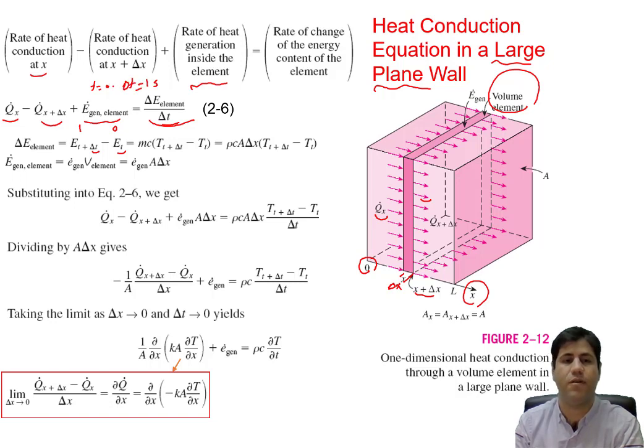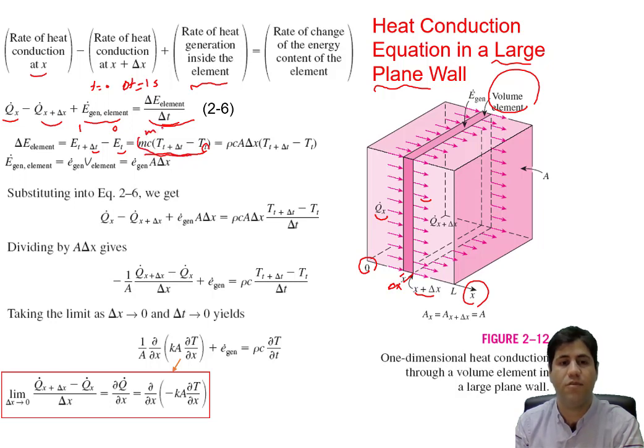Then the change of the energy will be equal to the energy at this time minus the energy at this time, and we can use this equation because here we have only conduction. We can write m c delta T, as m c T at t plus delta t minus T at t.